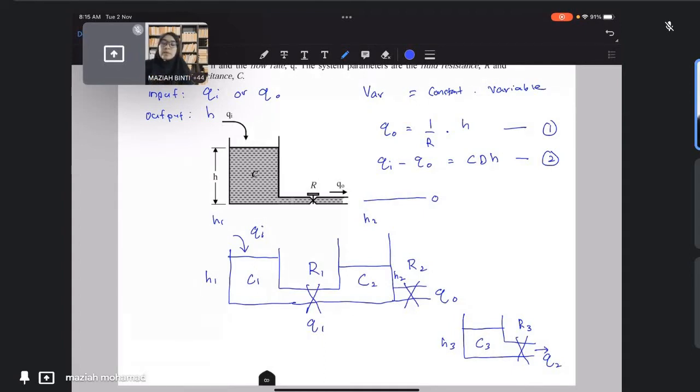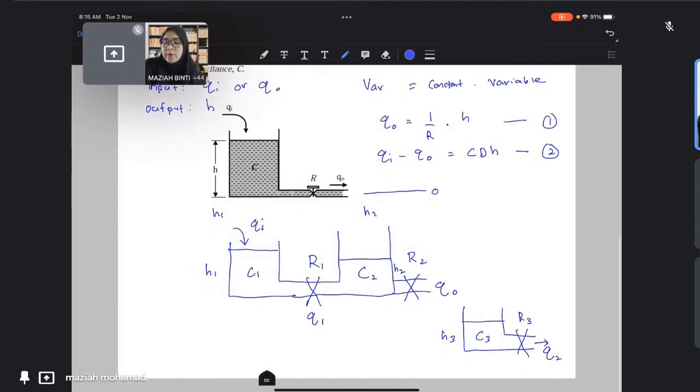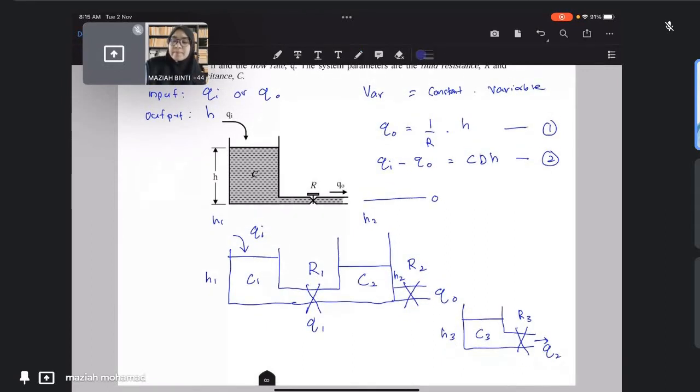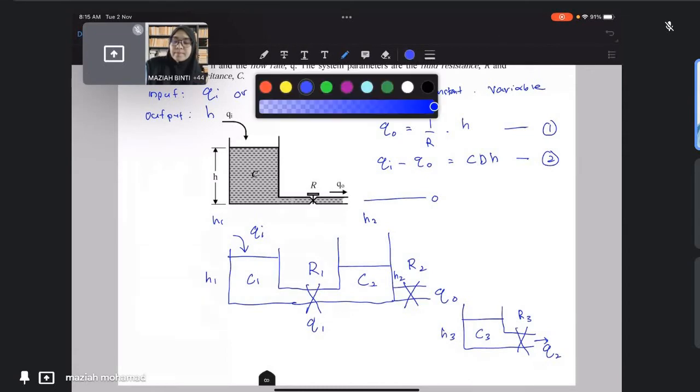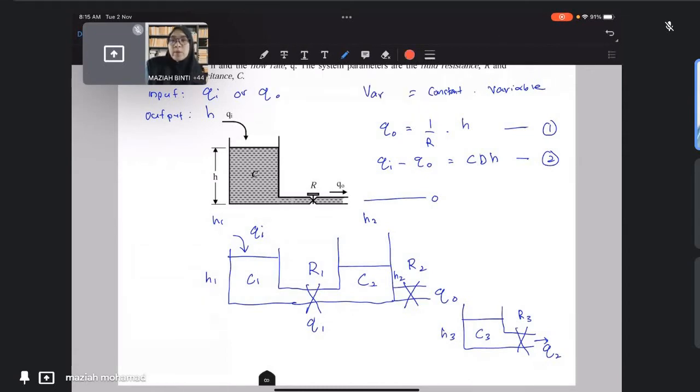Right? So if we write the equation, let's consider the equation for the first tank. Can you say the equation for tank number 1? Anyone?